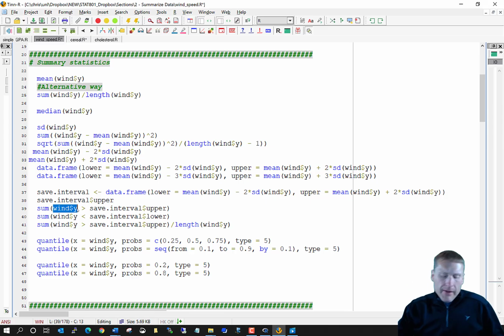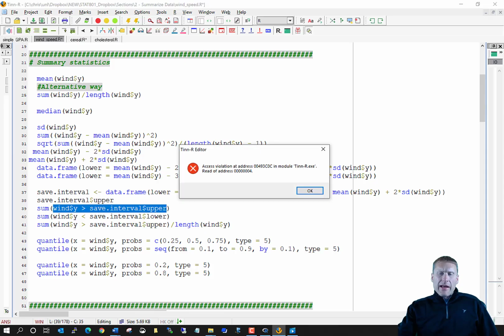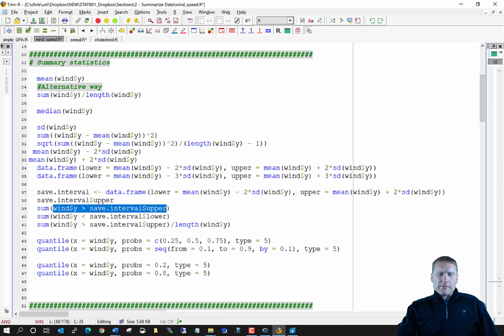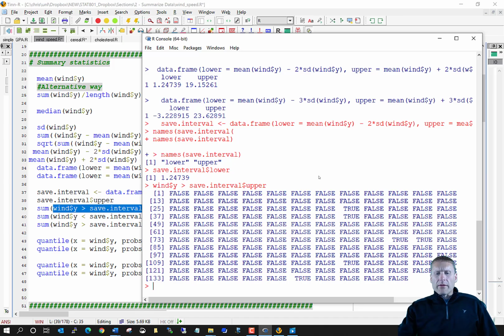So we can take a look at all the y values in the win data frame, and look at, are they greater than that upper value? And so I'm just going to highlight that segment of code and run it. And notice what we get, a bunch of trues and falses.